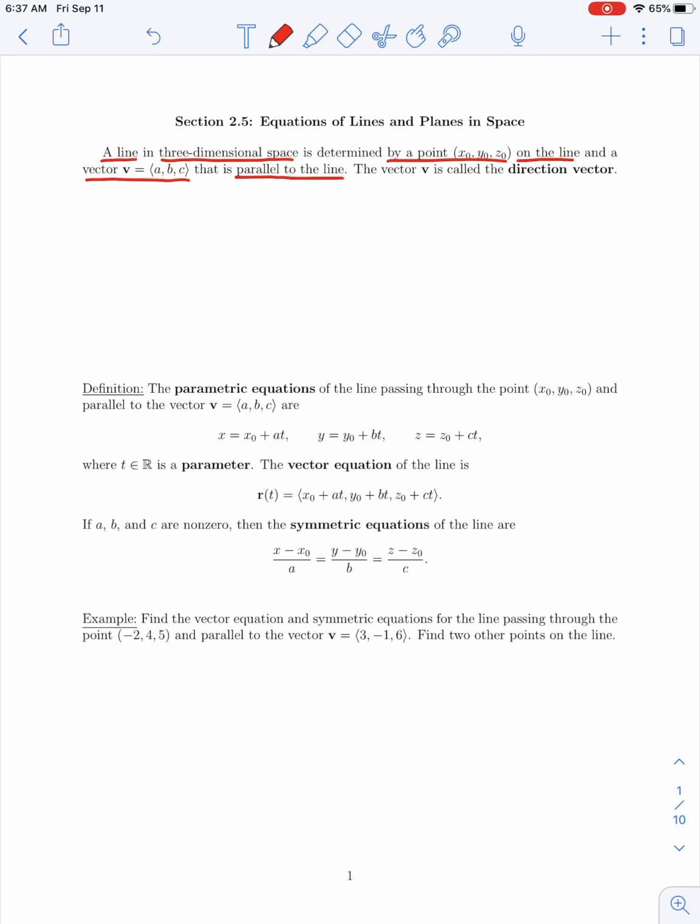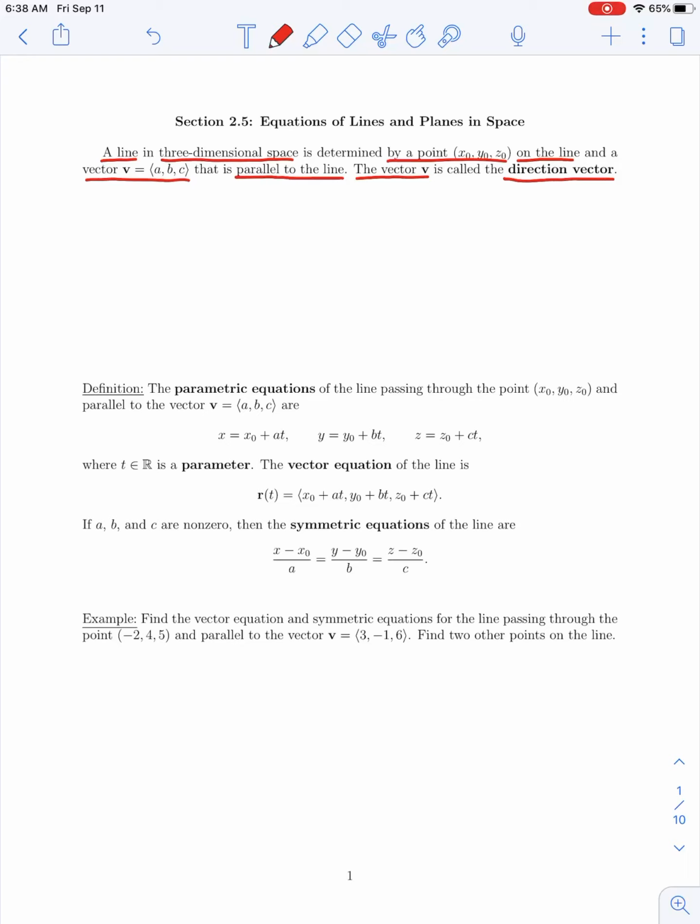So we have to have a point on our line, and the concept of a slope, but in 3 dimensions, would be that this line lies parallel to a vector which points in a given direction. And this vector v, which specifies the direction in which our line is extending along, is called the direction vector for that line.